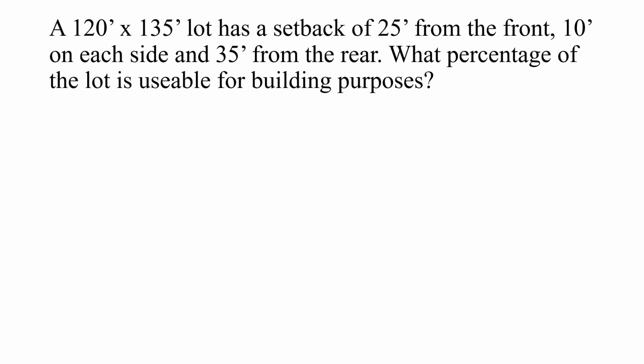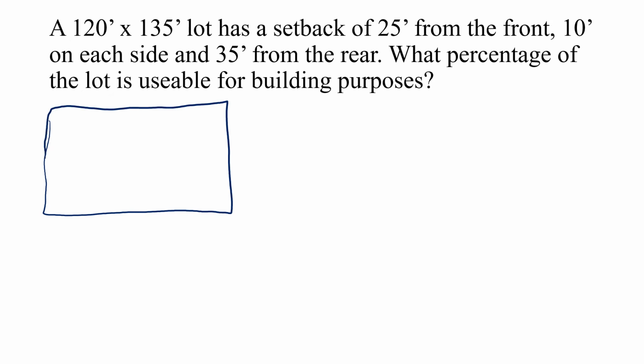A 120 by 135 foot lot has a setback of 25 feet from the front, 10 feet on each side, and 35 feet from the rear. What percentage of the lot is usable for building purposes? So we have another one of those where it's best to start with a picture of our lot.